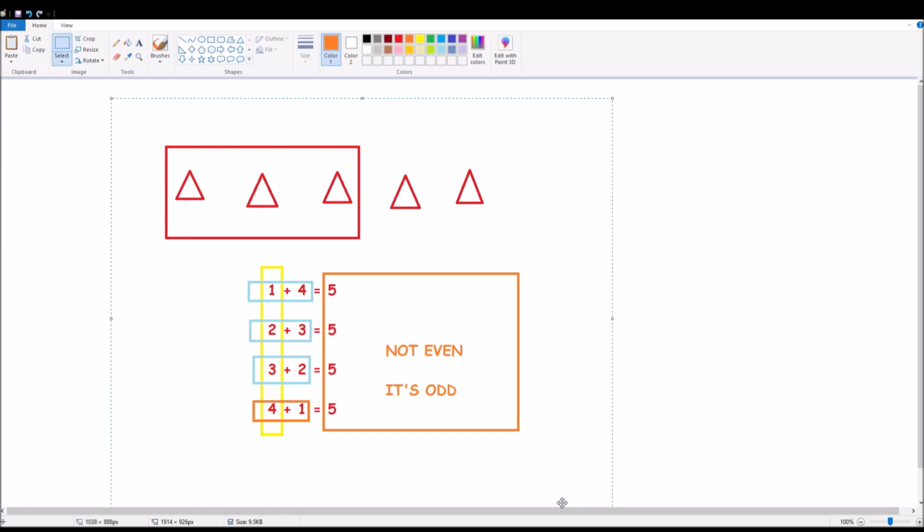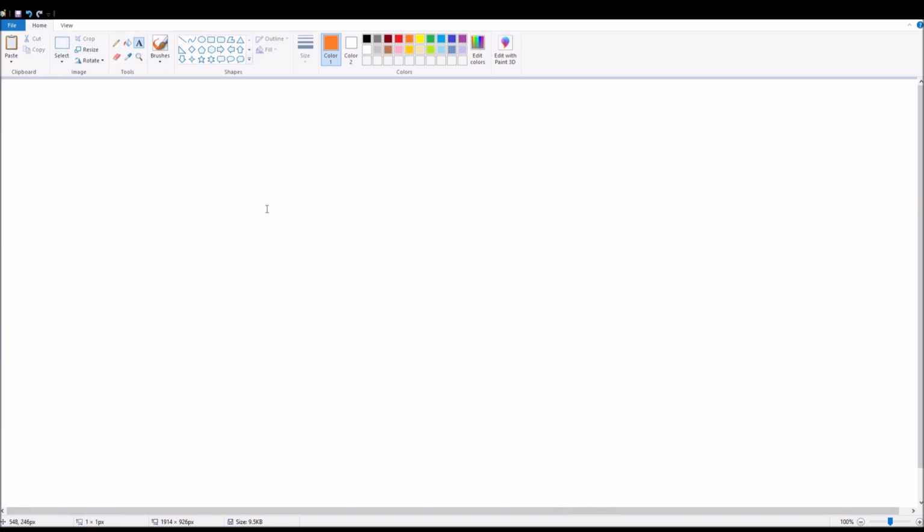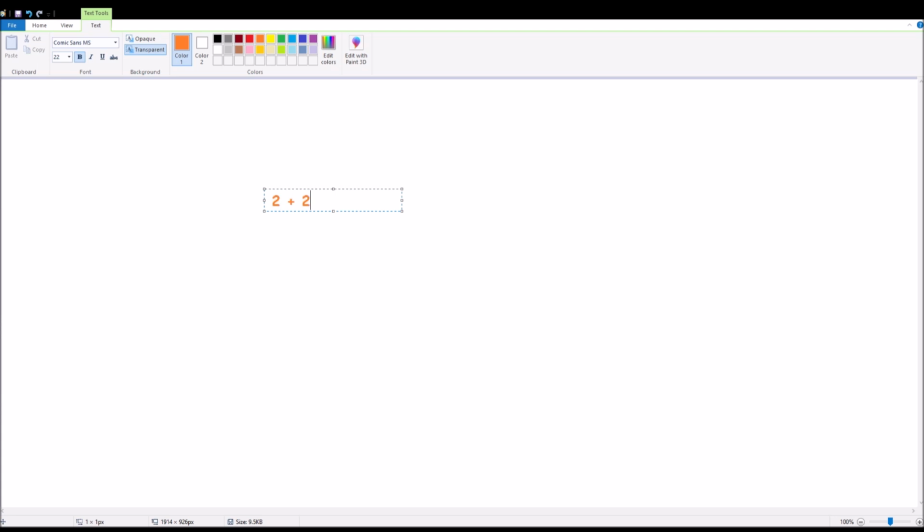So our doubles will always look like 2 plus 2, or 3 plus 3, or 4 plus 4. It's going to be the same number added to itself, and you'll only have the two of them. So you might even have 16 plus 16 is equal to, does anybody know that one off the top of their head? I'll give you 5 seconds.